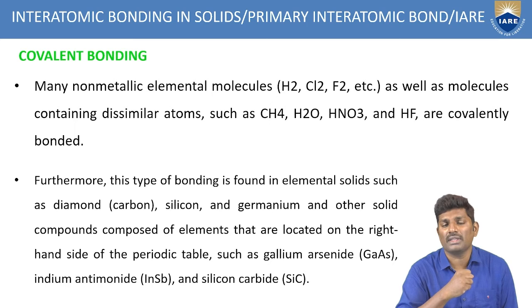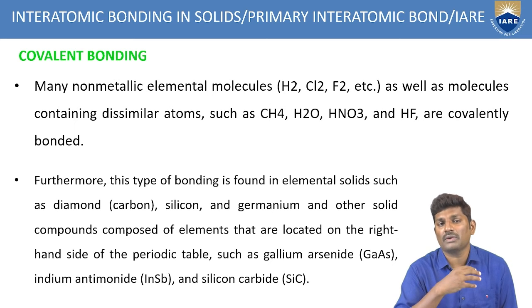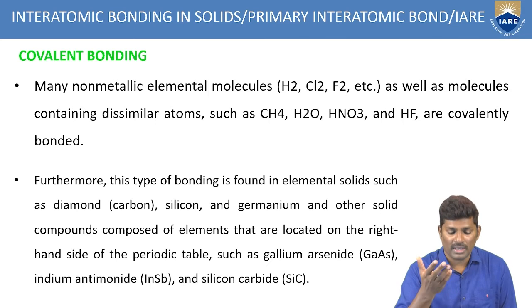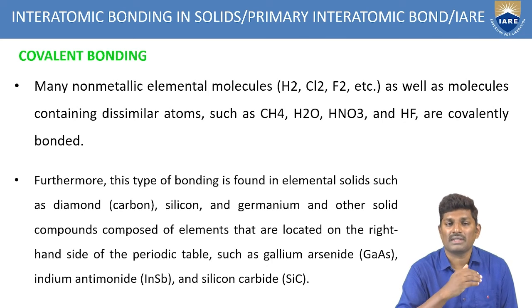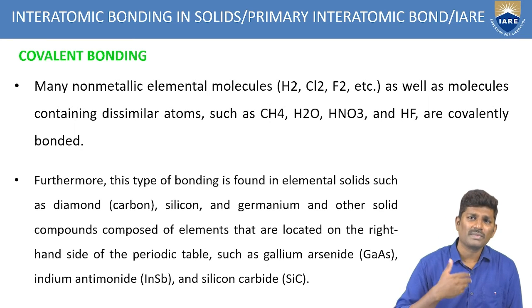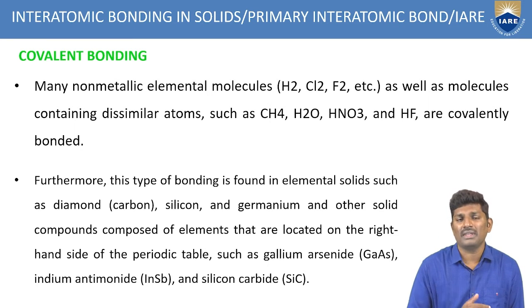If you want to find covalent bonding in non-metallic molecules, you can go with CH4, H2O, HNO3 or HF. If you want to find covalent bonding in a solid structure, you can have carbon, silicon, or germanium. So these are some of the examples where you can find covalent bonding.